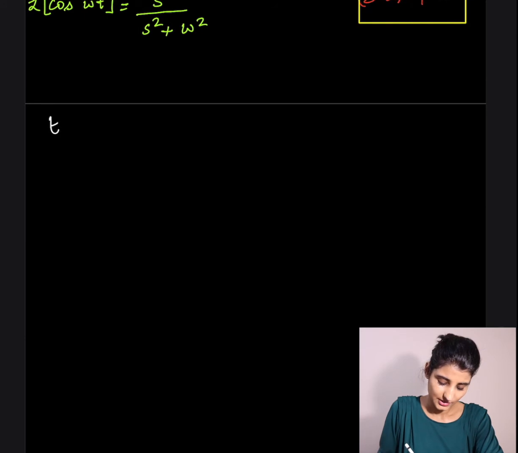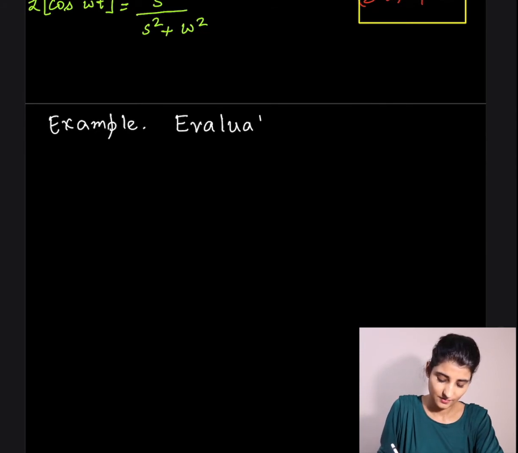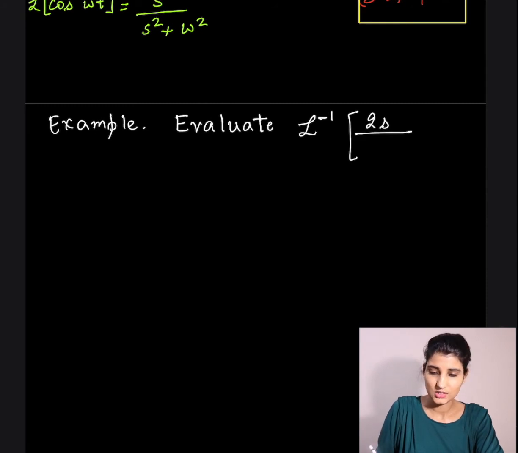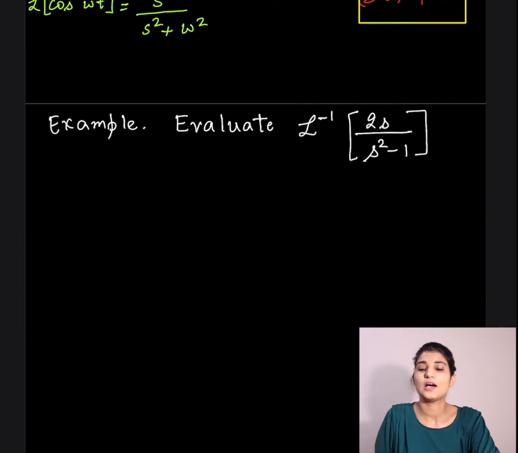So next example is to evaluate Laplace inverse of, say, 2s over s square minus 1. We want to find out Laplace inverse of 2s over s square minus 1.